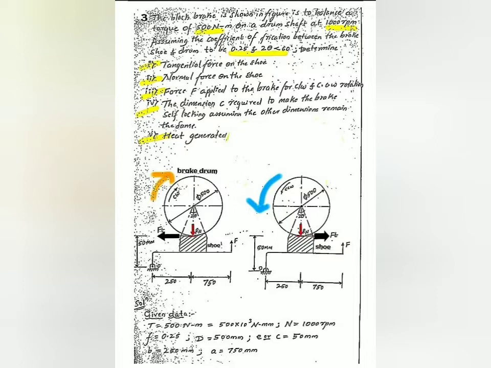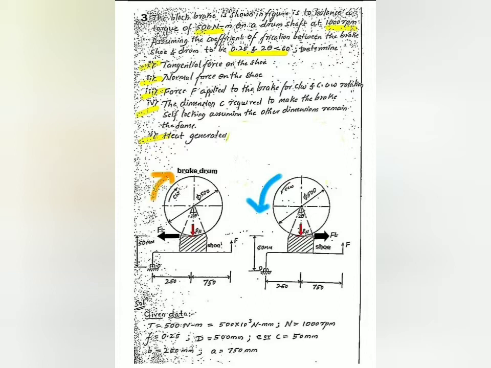Now the given data: torque T equal to 500 Newton meter, which we write as 500 × 10³ Newton mm because the dimensions are given in mm for both the cases.